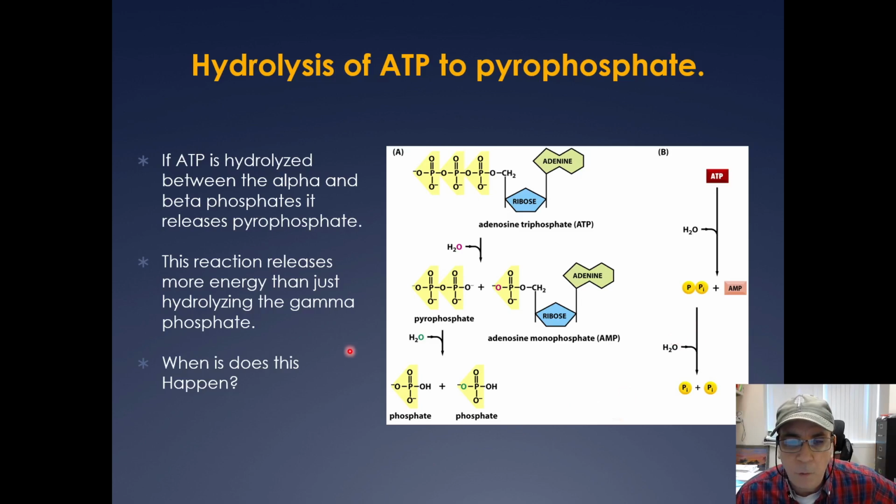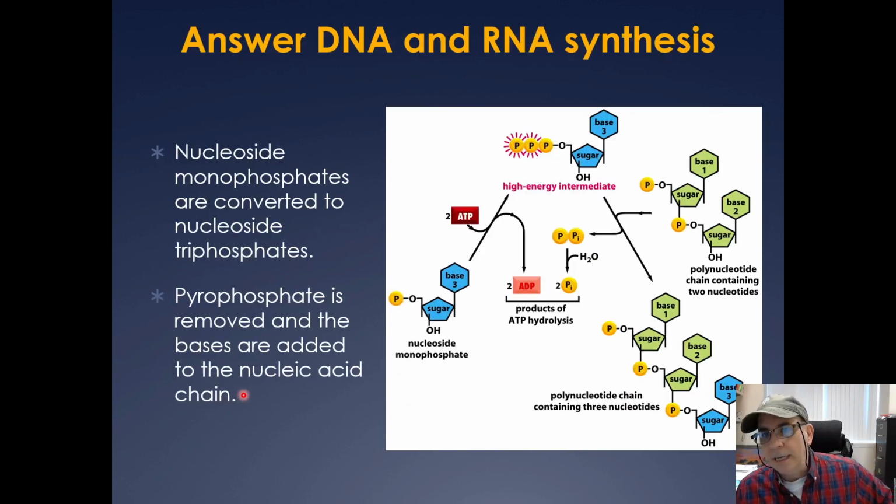And so the question is, when does this happen? It actually happens in DNA and RNA synthesis. So nucleoside monophosphates right here are actually converted into nucleoside triphosphates.